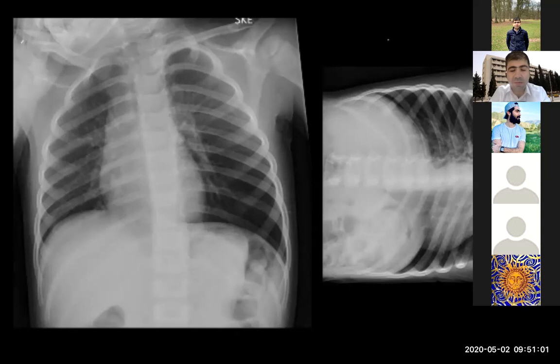And there is some sort of difference between right and left. It's very subtle. So in the decubitus, exactly, we made a decubitus that shows that there is air trapping here. So this is a common finding at such age.